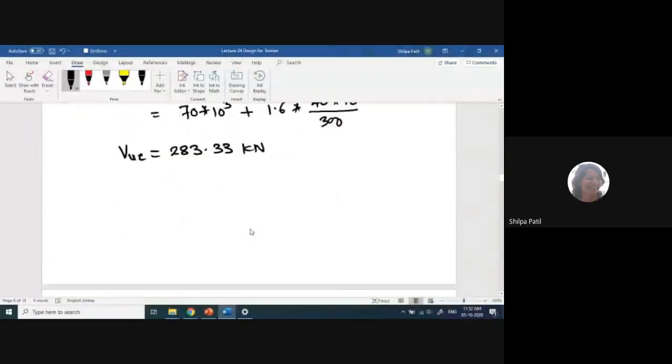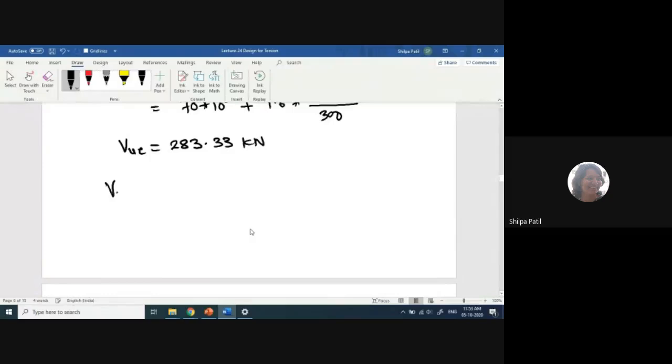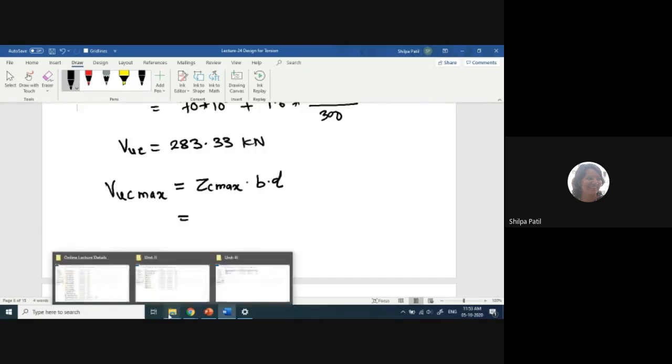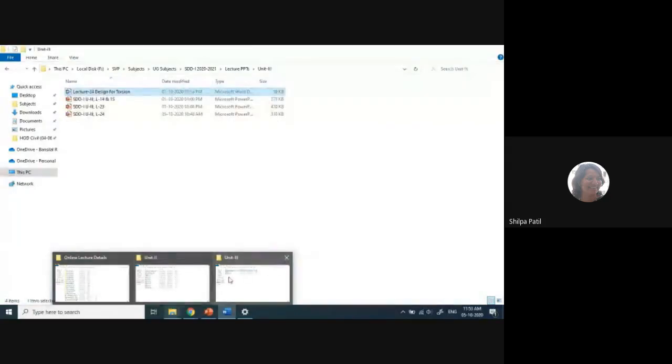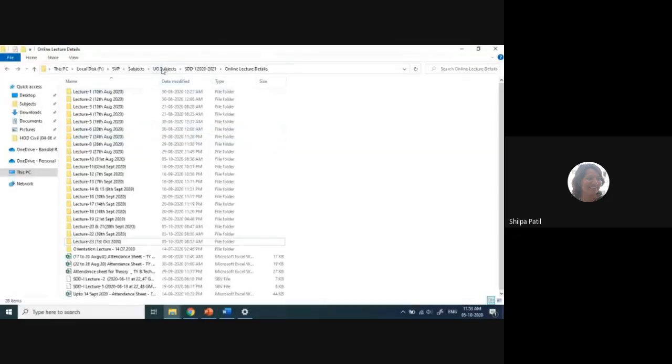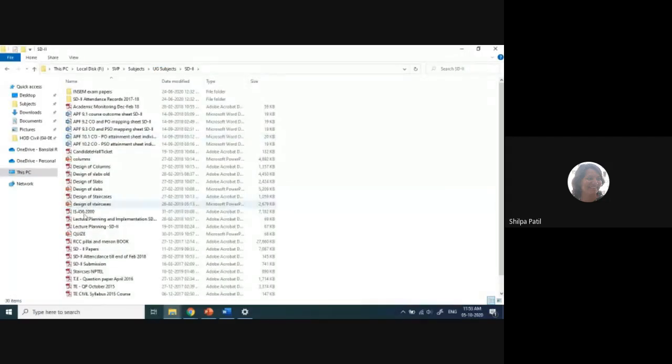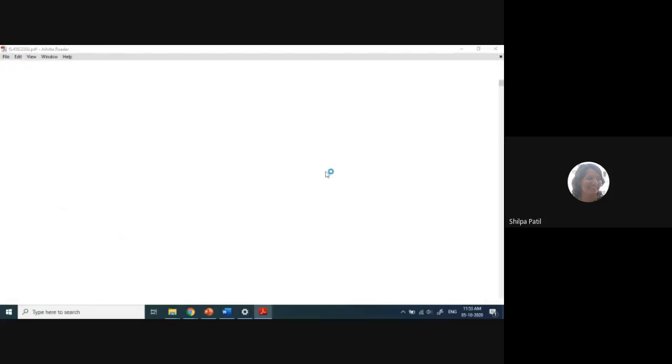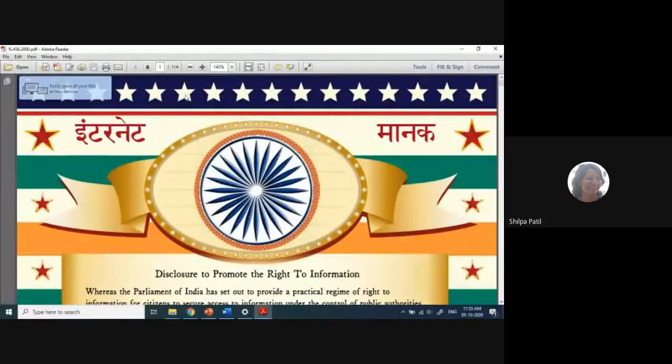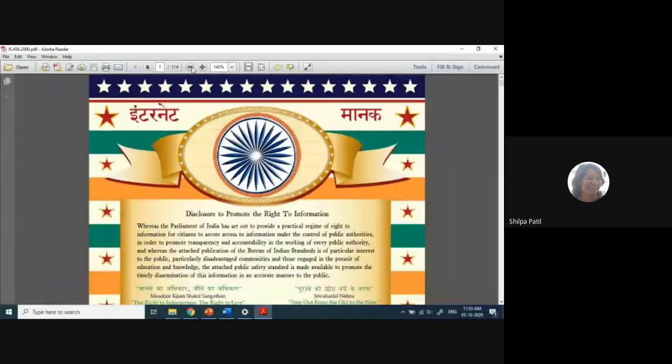So what is the next step? We have to calculate VUC max, which is calculated as tau C max into B into D. Tau C max depends on the code, so I need to open it. I don't remember the page number.